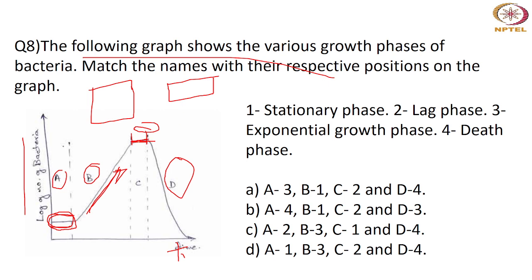So we will reach this saturation zone that is called the stationary phase, and then at the end we are getting the death phase where the death rate is higher than the growth rate, or the birth rate, whatever you can say. So we are getting this declination of the graph.